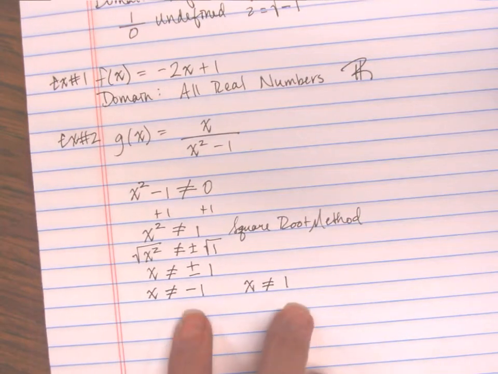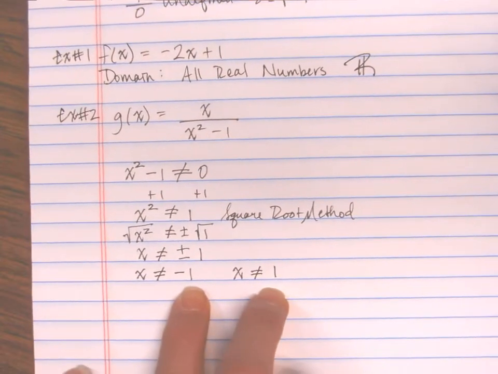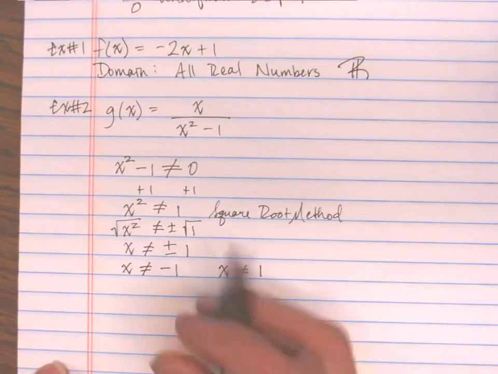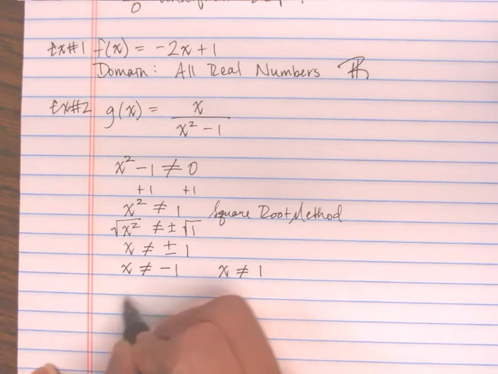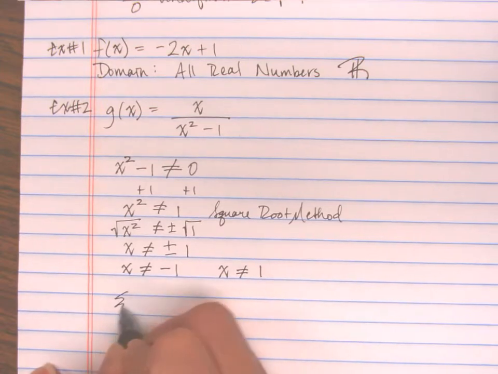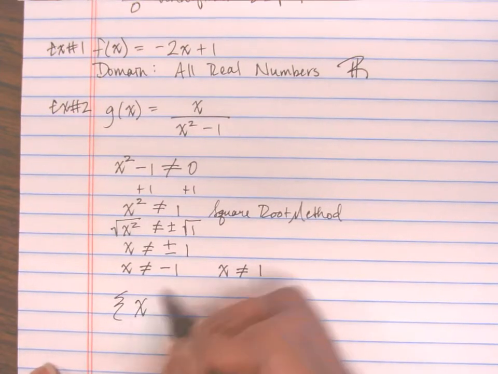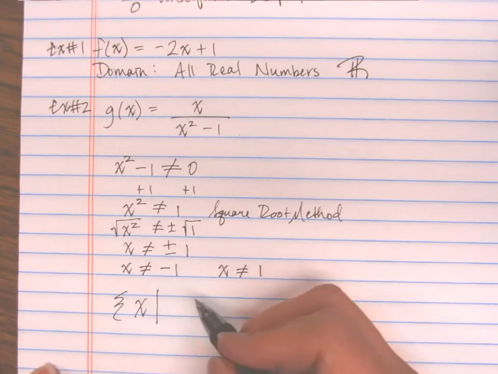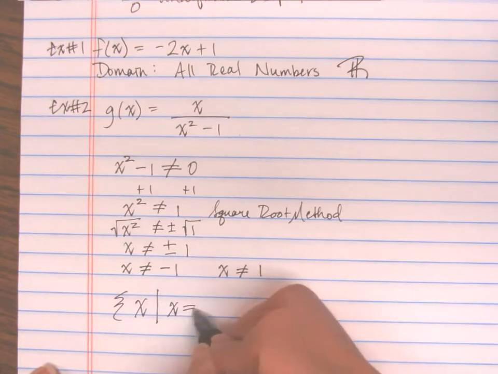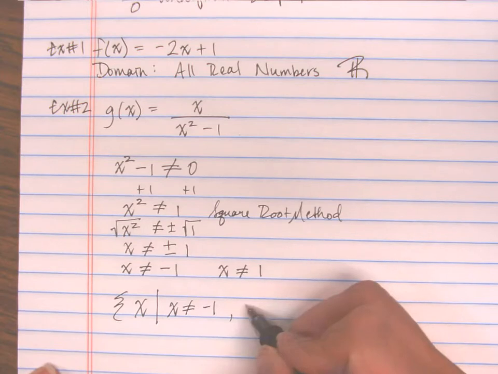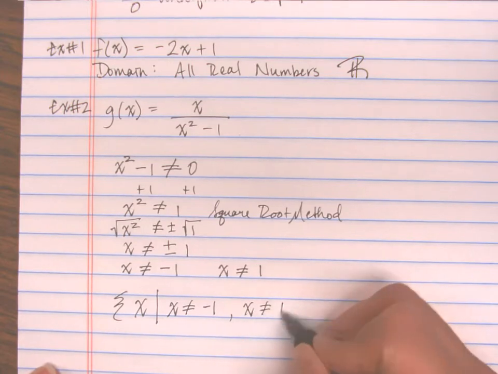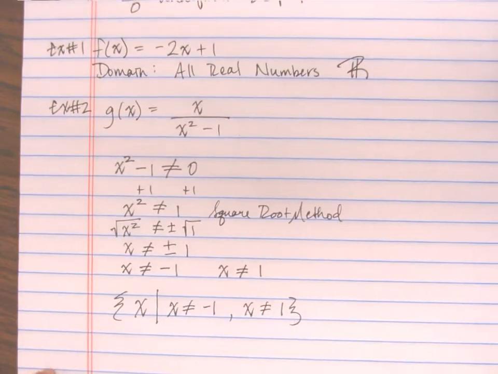So here, I can use any other real number except 1 and negative 1. So we're going to describe our answer in set builder notation. Set builder notation uses braces. We say x such that x cannot equal negative 1 and x cannot equal positive 1.